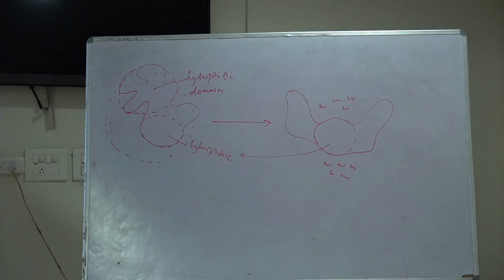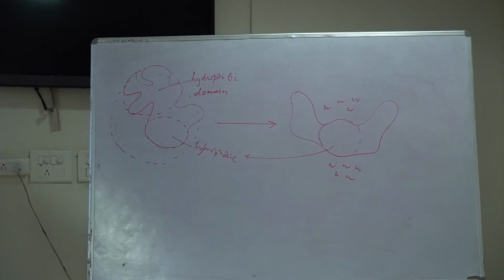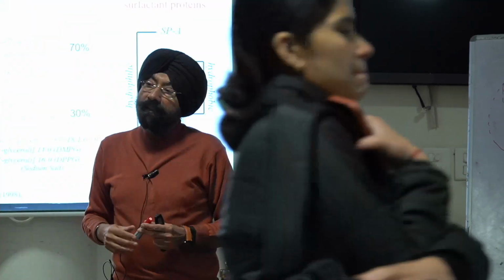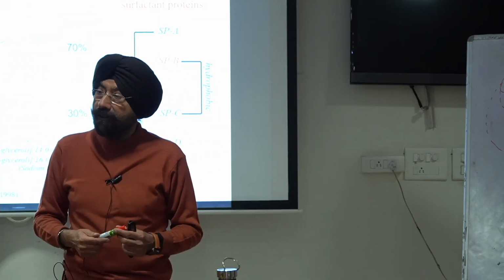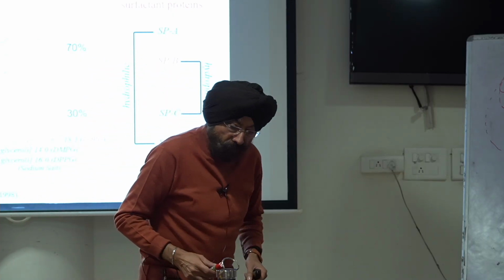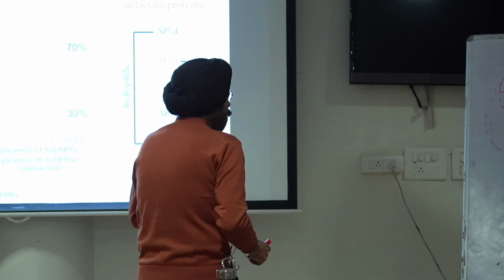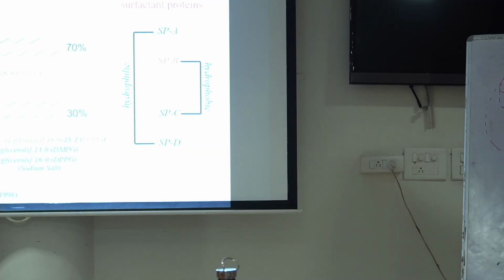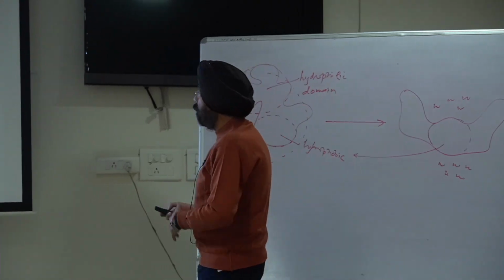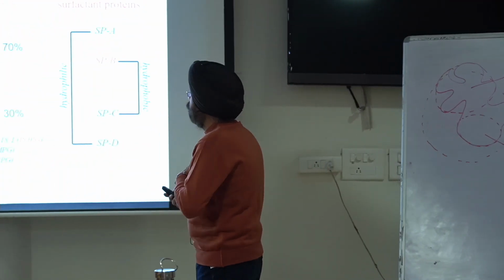There's a native structure of the protein. The native structure exists at a particular temperature and pH. And when we alter the environmental conditions, we can unfold the protein. So that is the meaning of the hydrophilic and the hydrophobic.